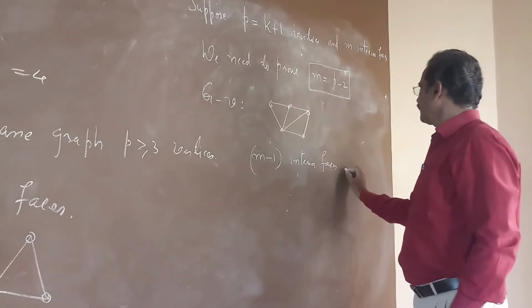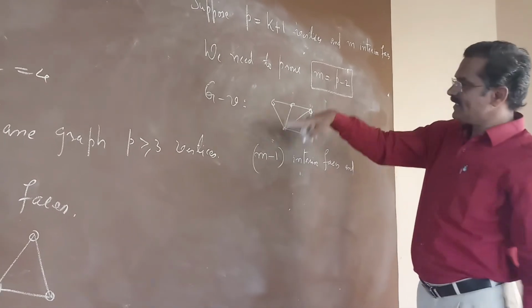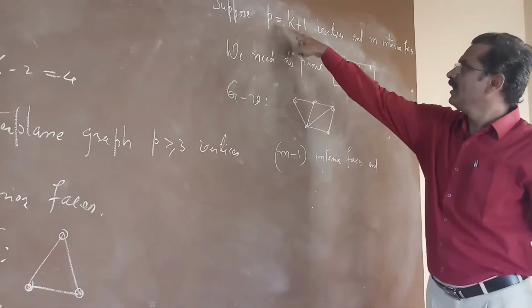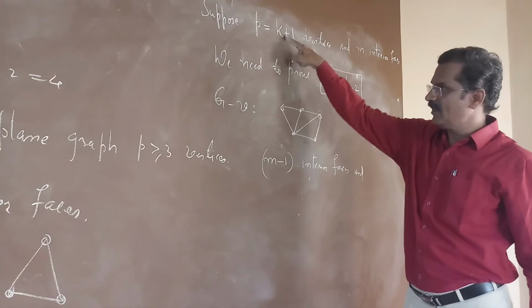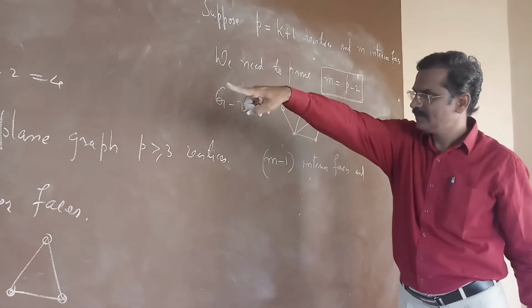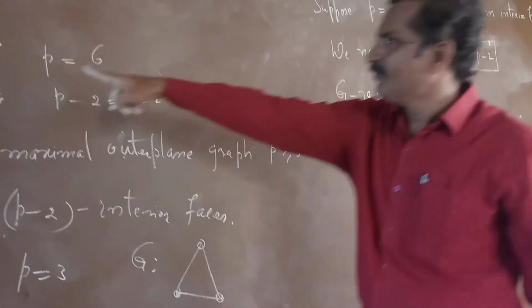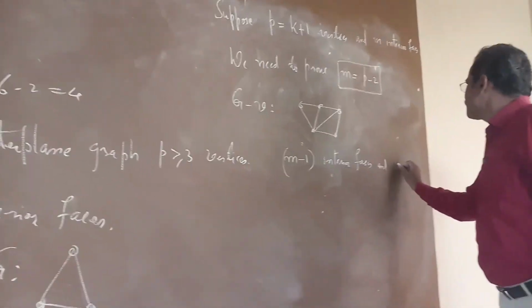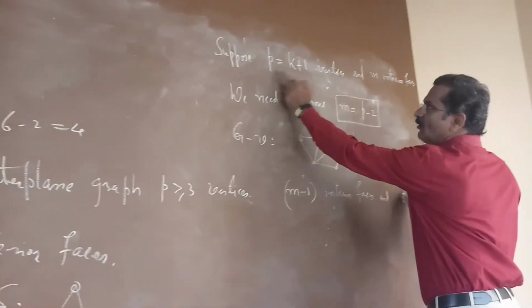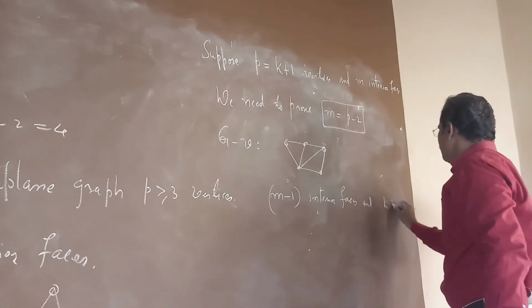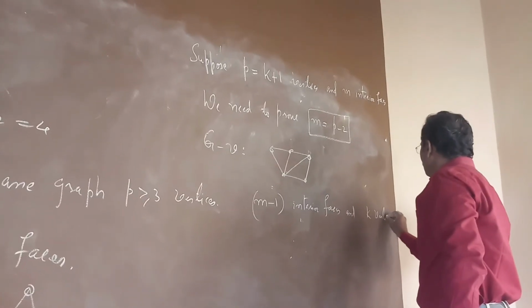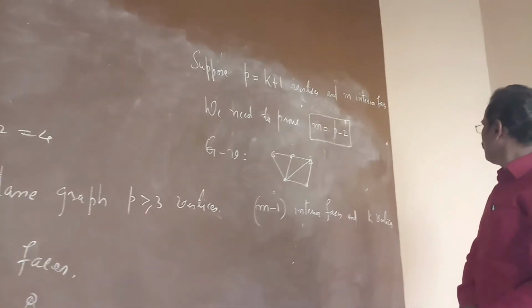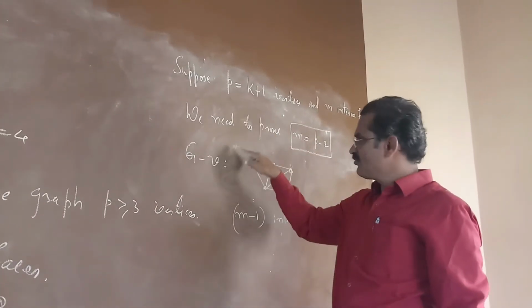And how many vertices will this graph have? Earlier it had P equal to K plus 1. After deleting this vertex, the graph G minus V has K vertices, because one vertex is reduced here.